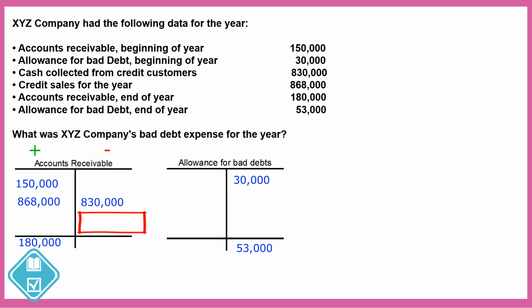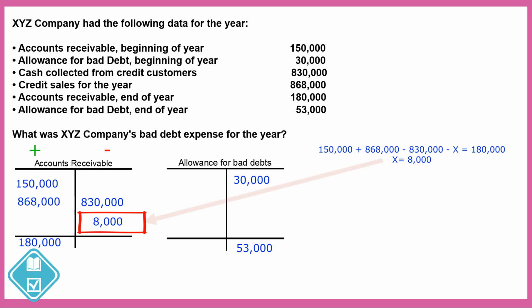We will add everything on the left and decrease everything on the right. So 150,000 plus 868,000 minus 830,000, which is on the right, minus x. That's what we want to solve for, needs to be equal to 180,000, the ending balance. So I'll do some algebra, put the x on the other side, move over the 180, and solve for x, and x is 8,000.